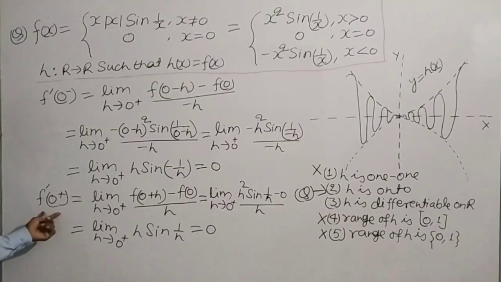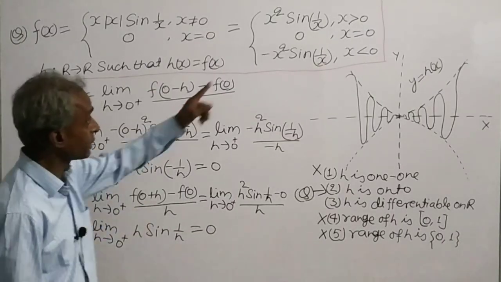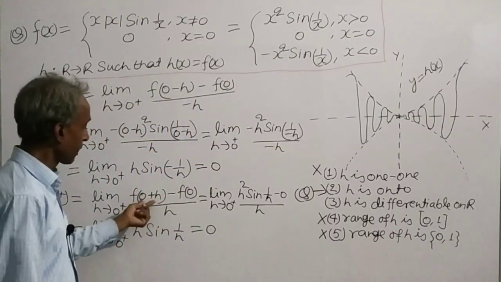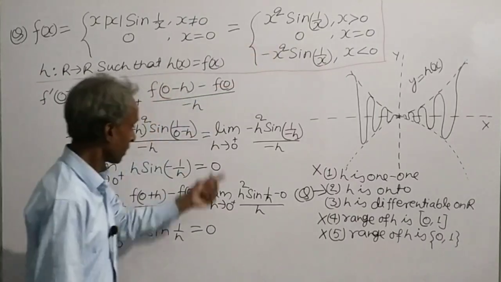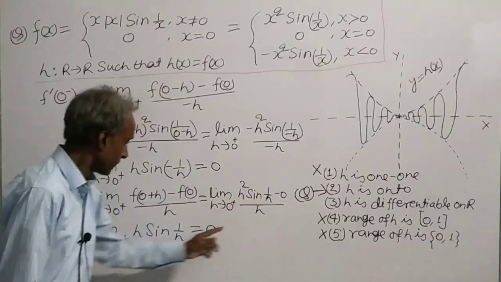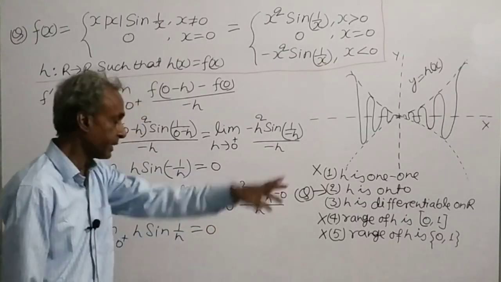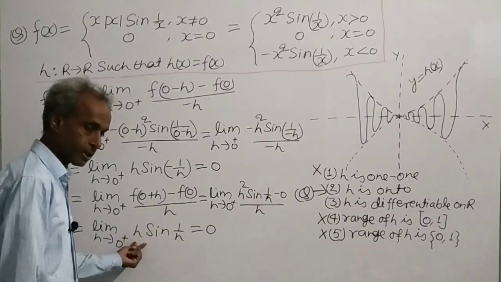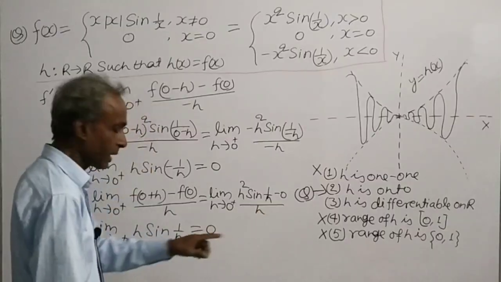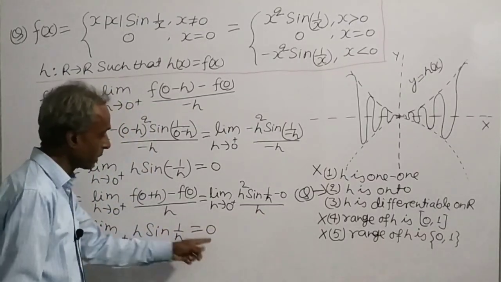Similarly, right hand derivative, x greater than 0, f will be written according to this rule here. This is equal to this. This is also not in any indeterminate form. This also tends to 0 times a number fluctuating between two bounded finite numbers. Its value will be 0.